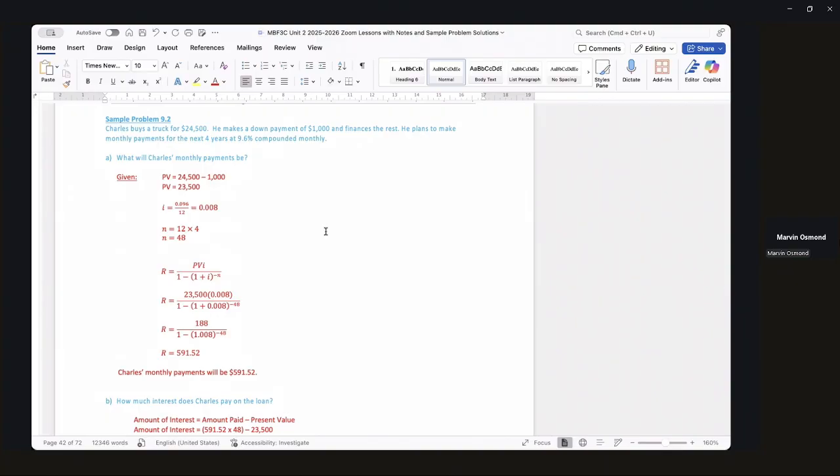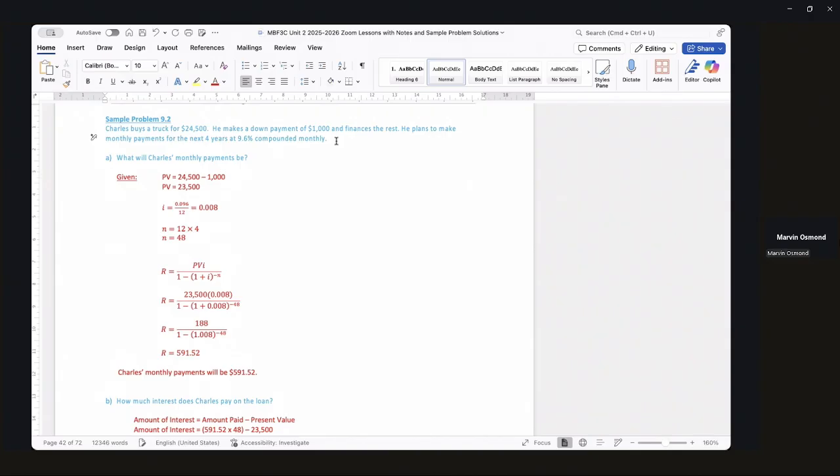Sample problem 9.2. Charles buys a truck for $24,500. He makes a down payment of $1,000 and finances the rest. He plans to make monthly payments for the next 4 years at 9.6% compounded monthly.